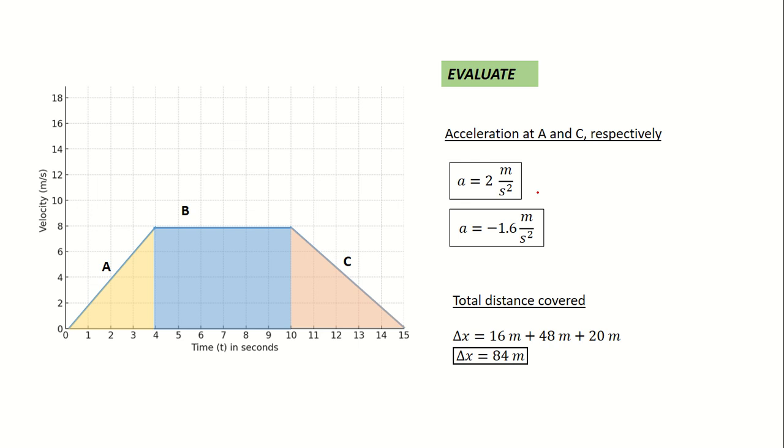Okay, let's try to evaluate acceleration at A and C. At A it is 2 meters per second squared. At C it is negative 1.6 meters per second squared. Negative because it's decelerating, positive because here the velocity is increasing over time. Where does the velocity change faster?